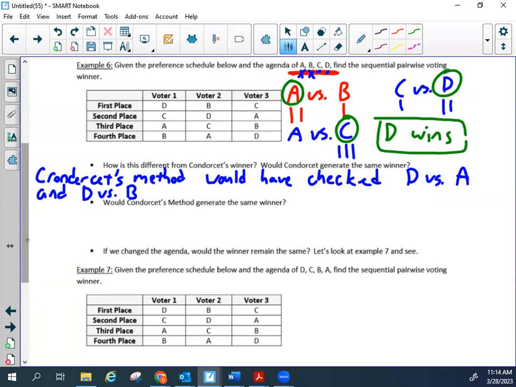Would Condorcet's method generate the same result? In this case, no. Sometimes yes, but in this case, no.